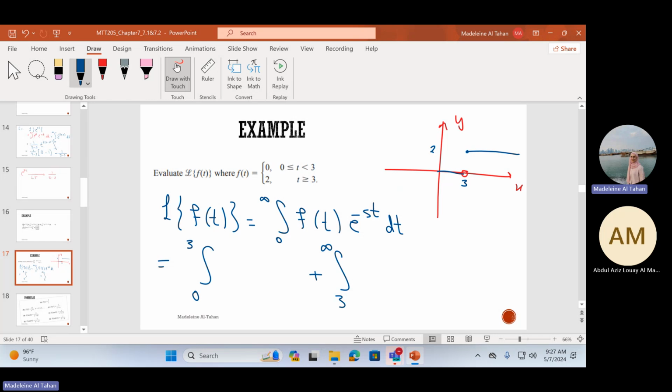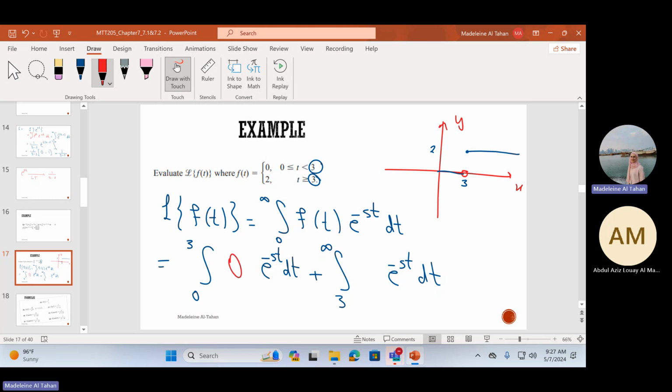Why did I choose 3 and not 4? Because of the function's definition. If it is given from 0 to 5, I will choose 5. 0 to 2, I will choose 2. Now here, e minus st dt, and here also e minus st dt. The function between 0 and 3, what's the value for it? 0, perfect.